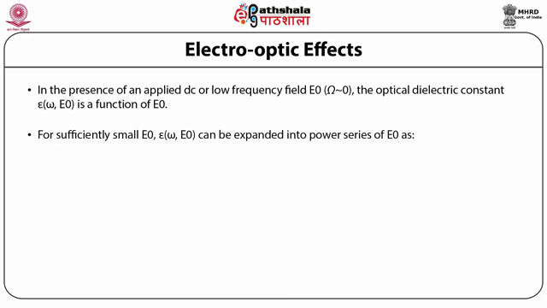So for a sufficiently small value of E naught, epsilon(omega, E naught) can be expanded into a power series of E naught as epsilon(omega, E naught) equal to epsilon 1(omega) plus epsilon 2(omega plus Omega) E naught plus epsilon 3(omega plus 2 Omega) E naught square plus and so on.